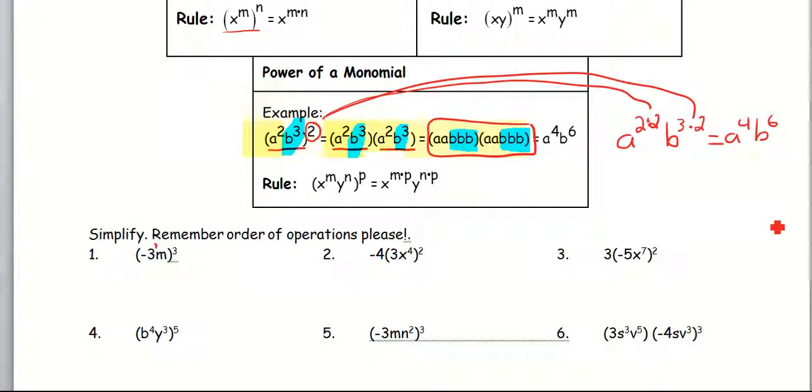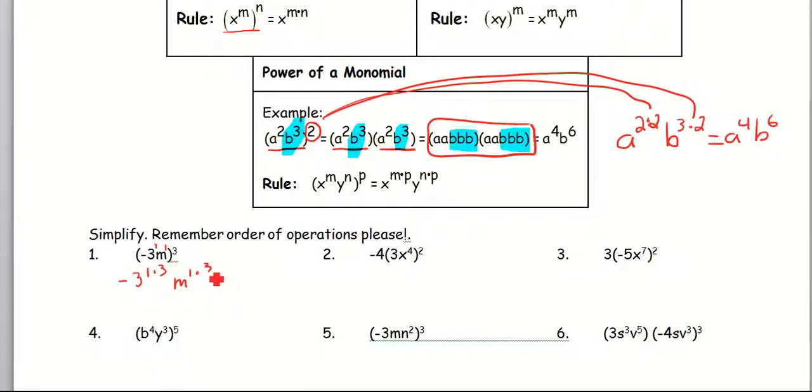Alright. Now, on number 1, remember, if you need to put your little 1 to show that it's a power of 1 right there, that would be negative 3 to the power of 1 times 3, and then it's m to the power of 1 times 3.